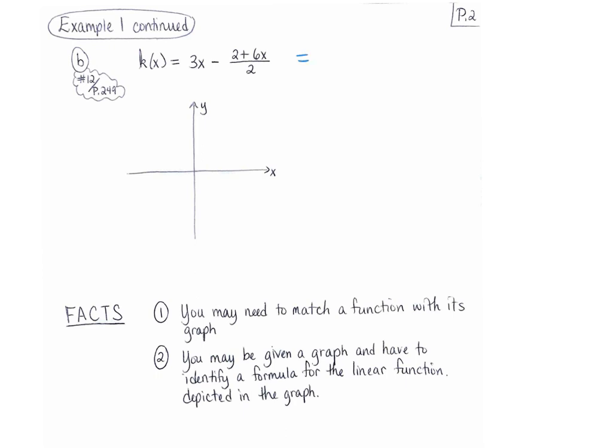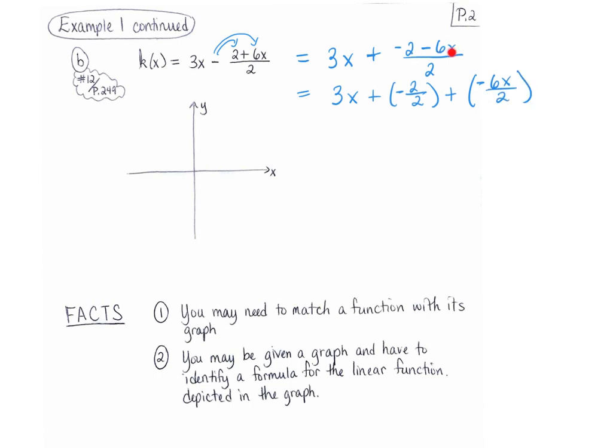We can rewrite this function: we bring 3x over, and then we subtract. We distribute this negative to each part to get plus a negative 2 minus 6x over 2.